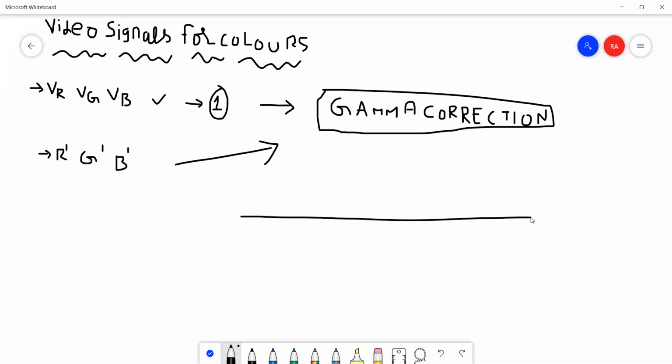It is common to represent these voltages as red, green, blue instead of VR, VG, VB. A correction is applied to these voltages to compensate for any non-linearity of the system and the picture tube. This is called gamma correction. Therefore it is represented as R dash, G dash, B dash, which participate in red, green, blue. That is simply called gamma corrected outputs.